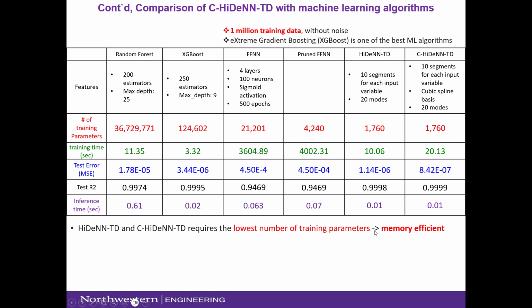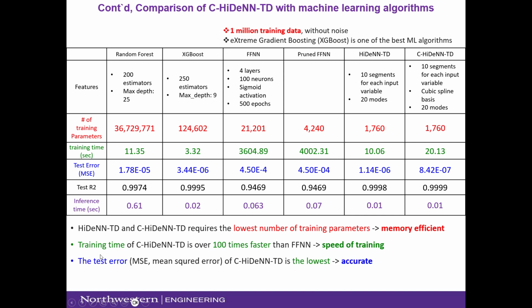That means our method is memory efficient. Also, the training time of C-HiDeNN is over 100 times faster than the neural network. And our method is the best in terms of accuracy, with orders of magnitude less mean square error compared to other methods.